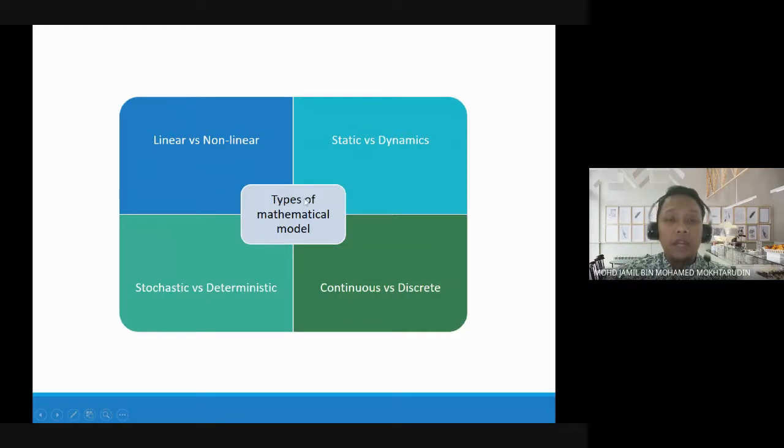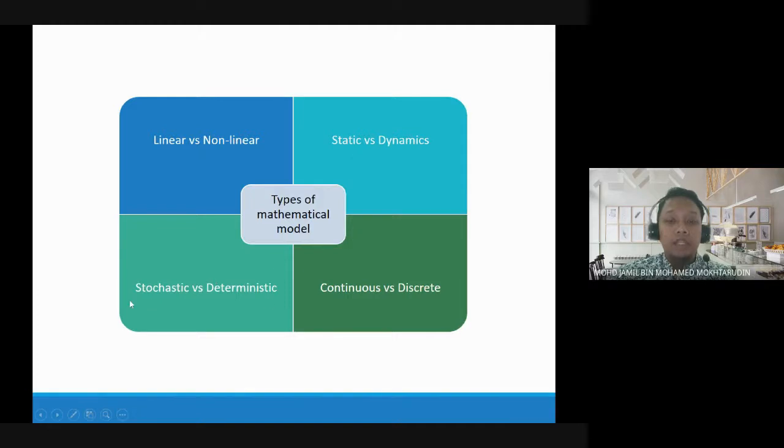Okay, so there are different types of models. We have linear and non-linear, which is very common, and static versus dynamic. Whether the model is static or dynamic. Dynamic means it changes with time. Static usually is not changing with time.